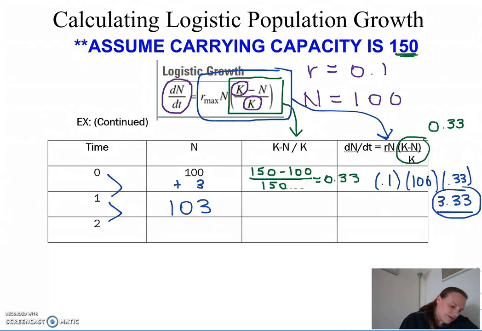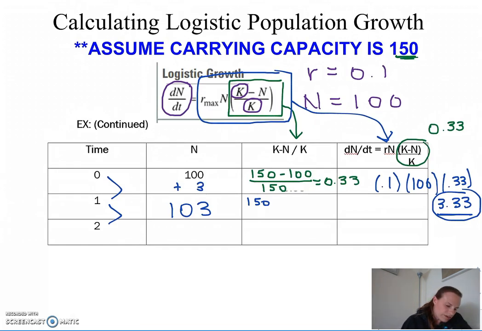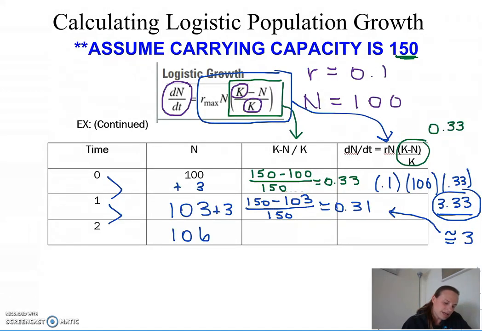So once again, if I take 150 minus now 103, because that's my new population size, divided by 150, and I end up with 0.31, which gives me, again, some answer that I'm going to round to 3. So now I'm going to add another 3 rabbits for my next time period.